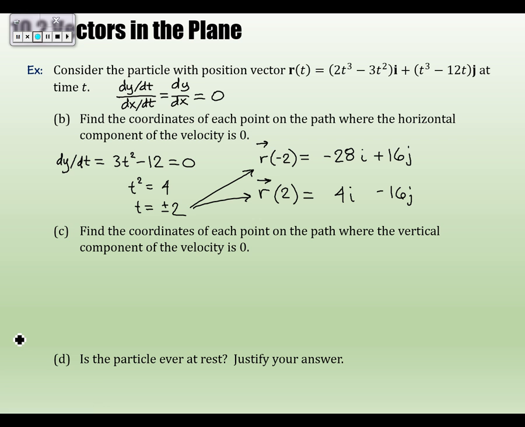And then let's do the same kind of thing, looking for where the vertical component of velocity is 0. That is vertical tangents, if you like. I'm sorry, did we just say this wrong? I thought we were looking for horizontal tangents. I just misread it again. You guys gotta catch me on that.